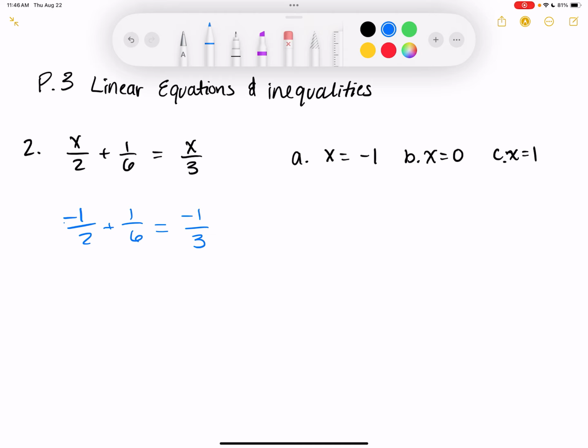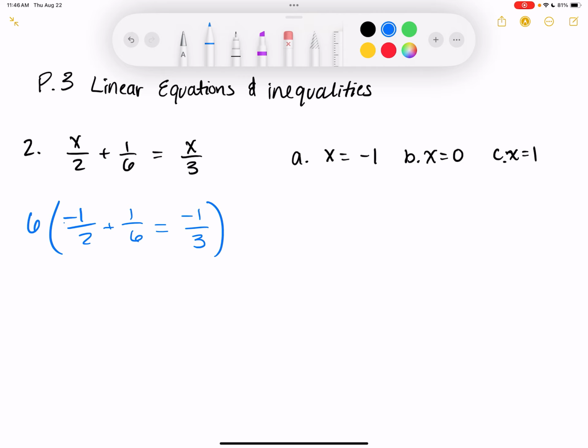Common denominator. Yeah. I can do a common denominator, or I can make my life easier and multiply the entire equation by the common denominator. So what is my common denominator out of those numbers? 6. So I'm going to multiply the entire thing by 6, and that way I don't have fractions anymore.